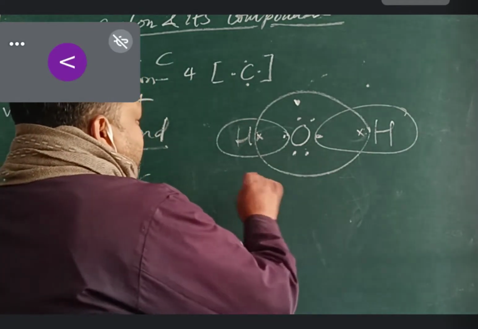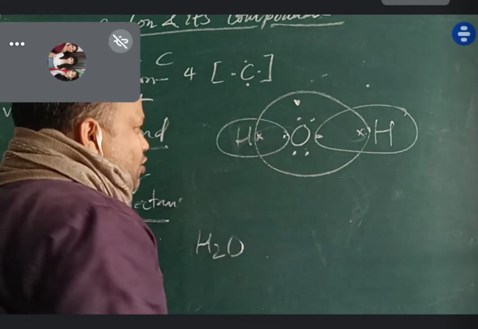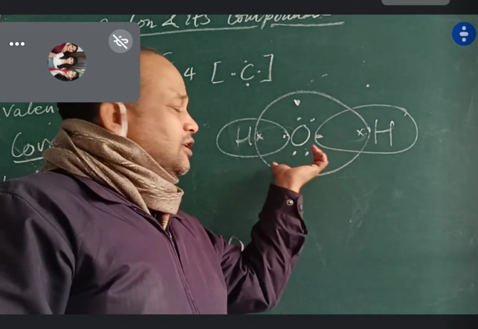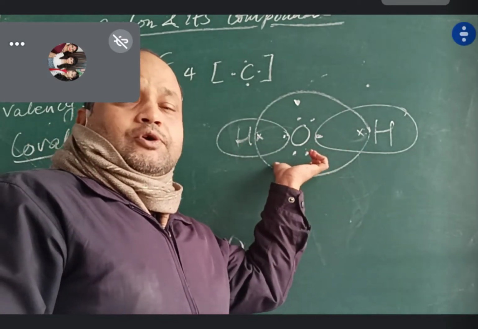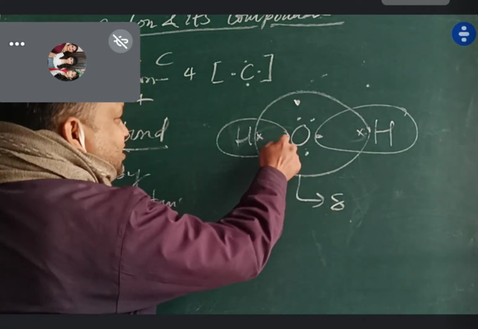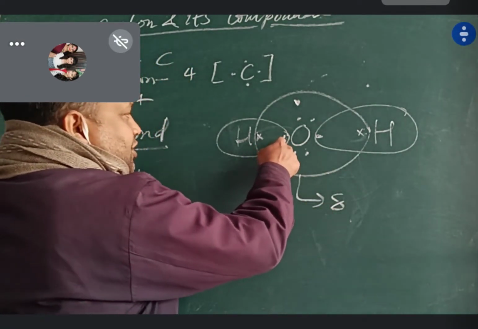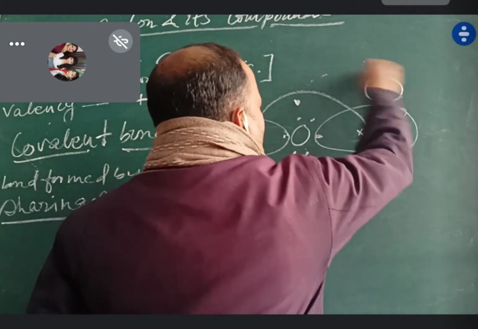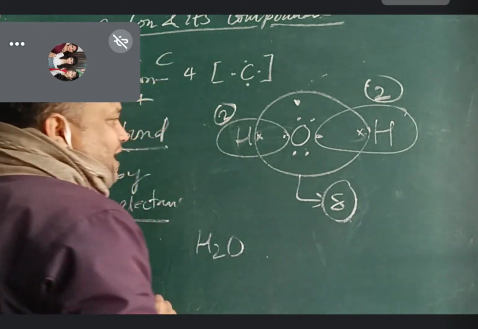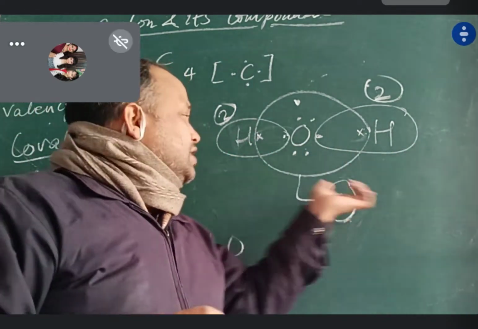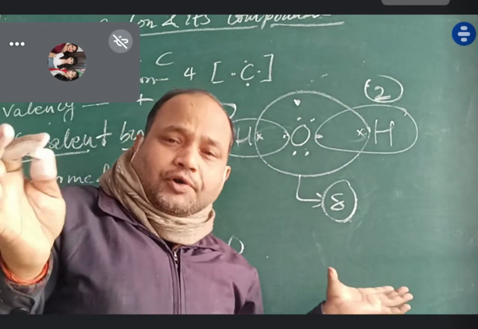That is why oxygen counts these electrons as its own and gets 8 electrons. Hydrogen counts the electron of oxygen as its own and gets its duet. So hydrogen has completed its duet, and oxygen has completed its octet.